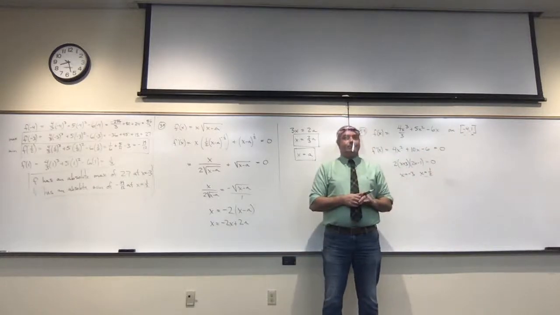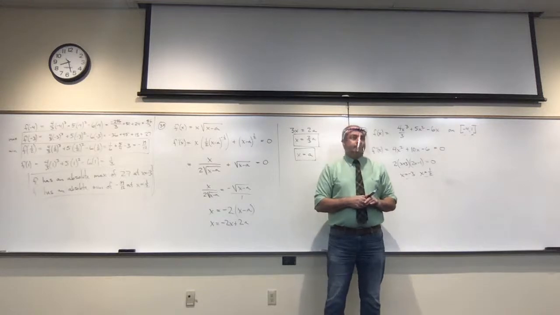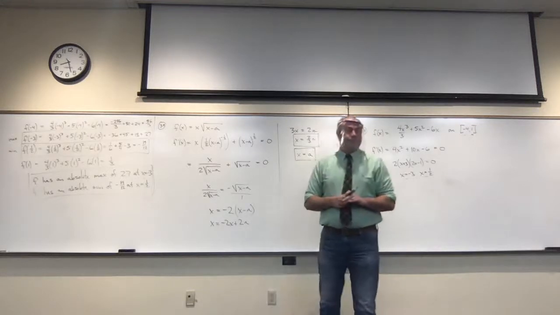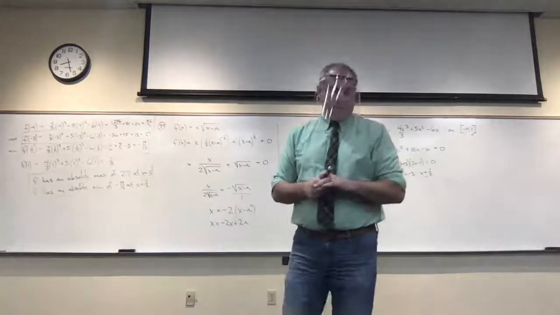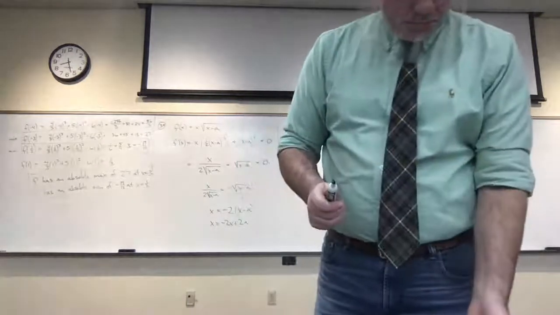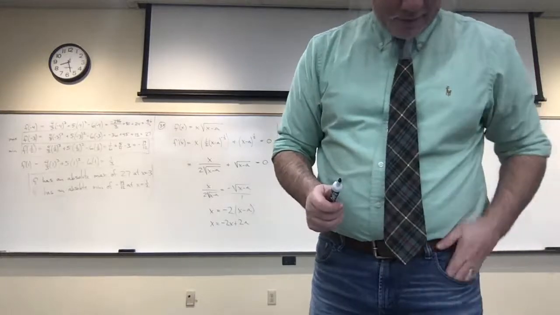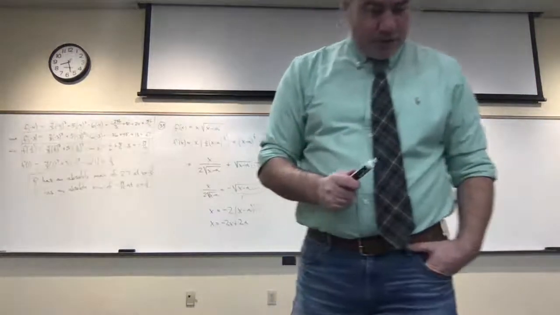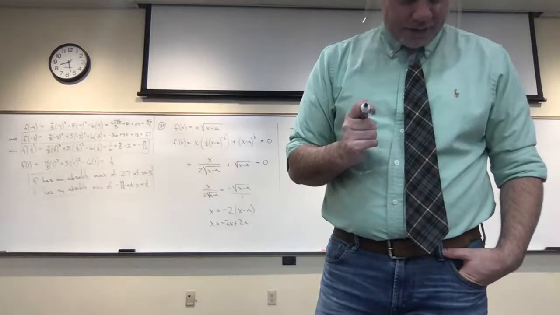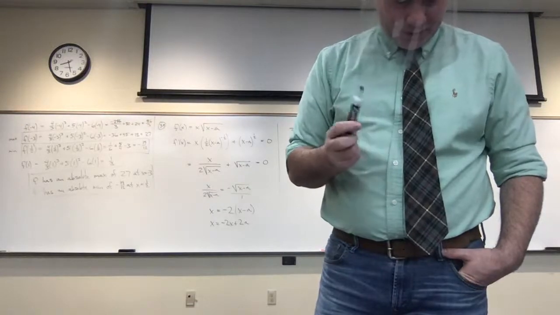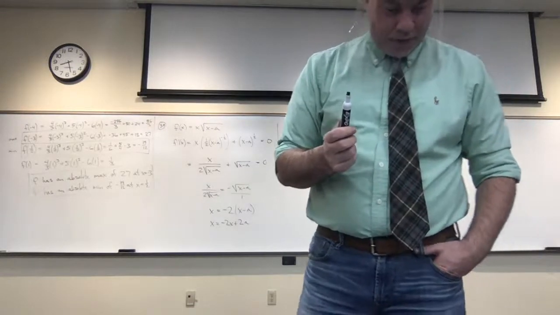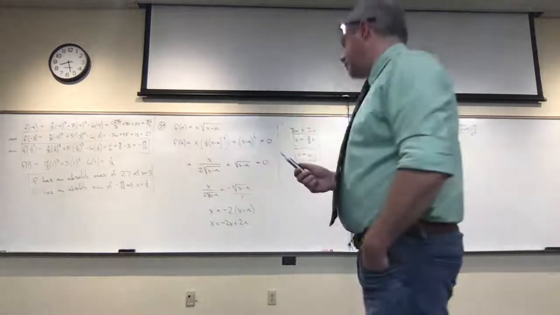Other questions? Yeah. Could you do number 53? 53. Okay, so 53, we've got 2x to the x. Okay. So 2x to the x, and again, we're trying to find absolute extreme on 0.1 to 1.